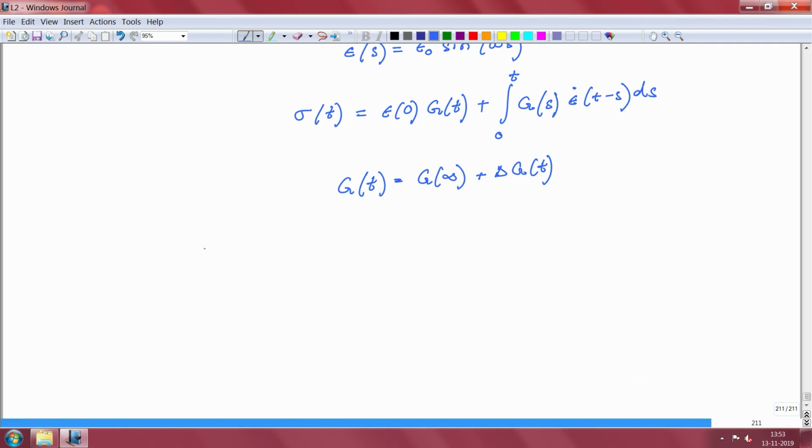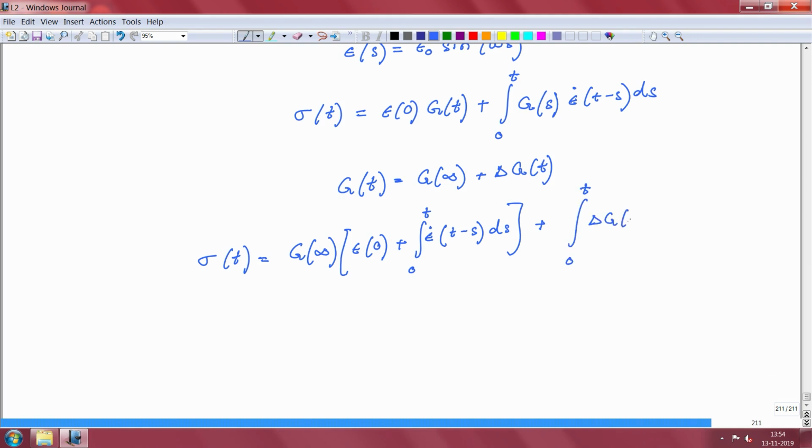When we use this we end up with sigma t equal to g infinity epsilon 0 plus the integral of 0 to t epsilon dot t minus s ds plus the quantity integral 0 to t delta g of s epsilon dot t minus s ds.